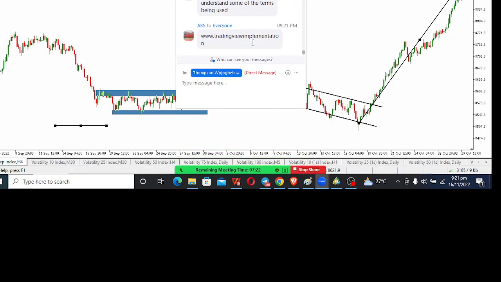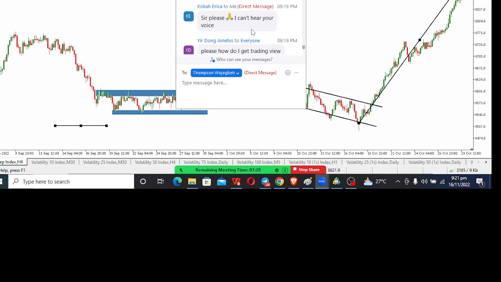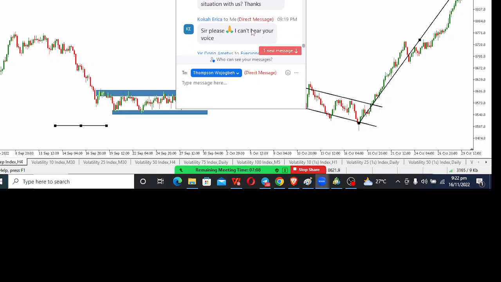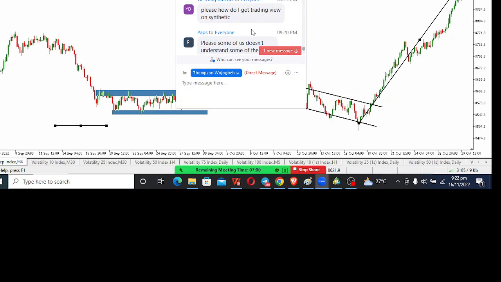After analyzing your pair on a higher time frame, you can switch to the lower time frame to find entries. If the lower time frame is in the opposite direction, you need to wait for it to play out before you go for your main trend.